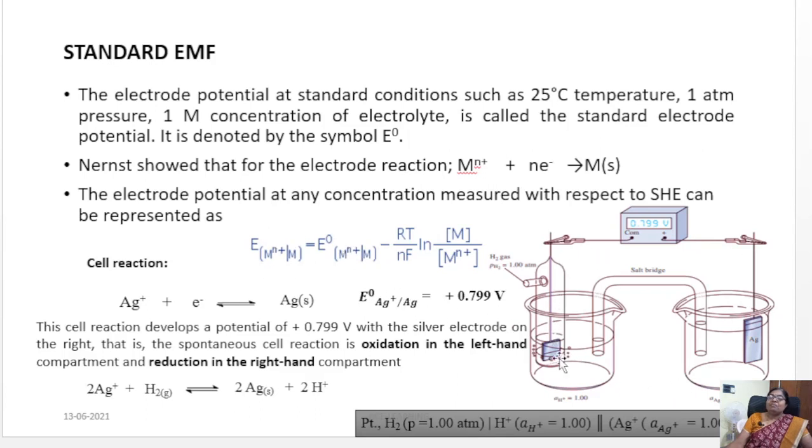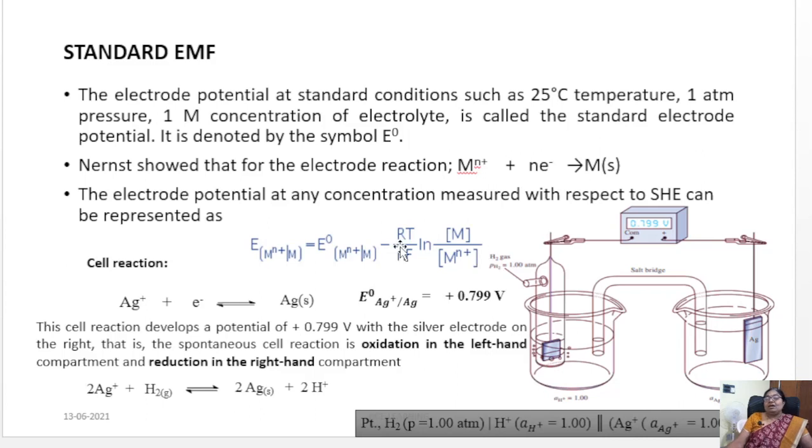The EMF of this cell can be measured by the relation E equals E naught, the standard EMF of the cell, minus RT by nF into ln of the metal electrode in the reduced state over the oxidized state.